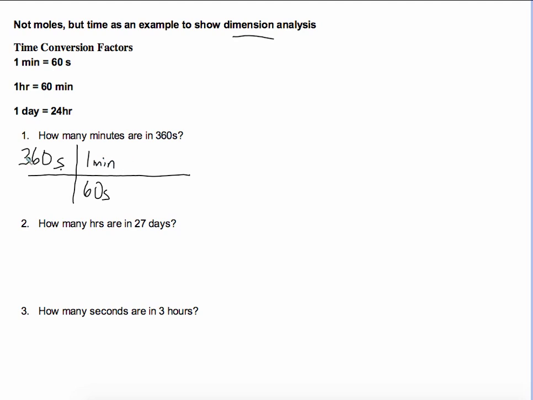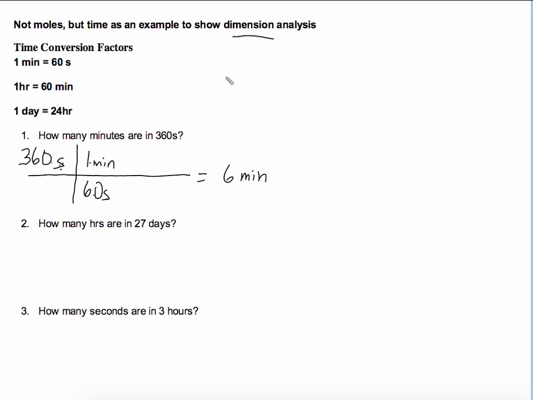Now, I got a made-up term I use for this. I call it the principle of diagonality. Whatever unit you have here, the same unit diagonal going this way has to be the same unit. Then I would do the math. 360 times 1 divided by 60, and that ends up equaling 6 minutes.